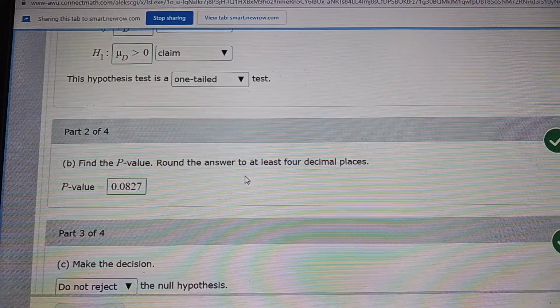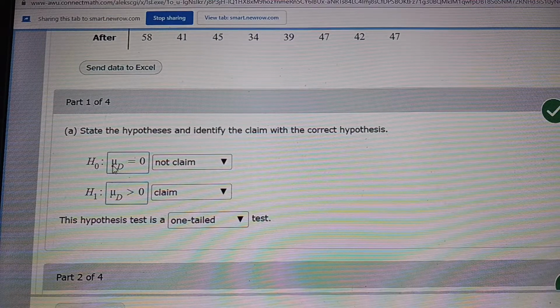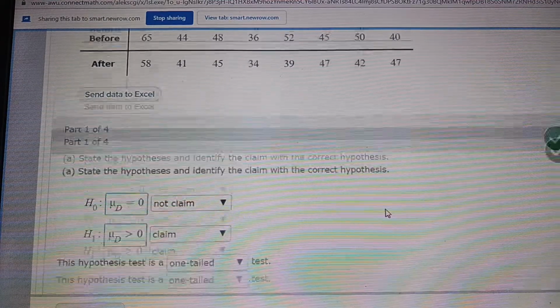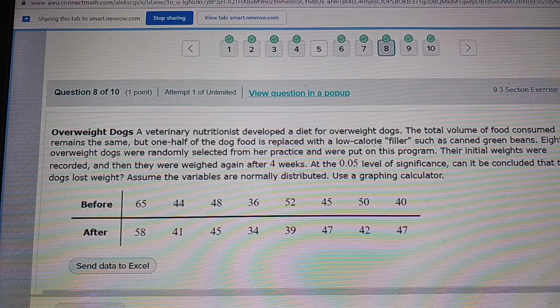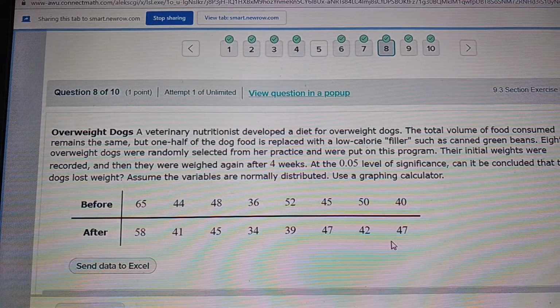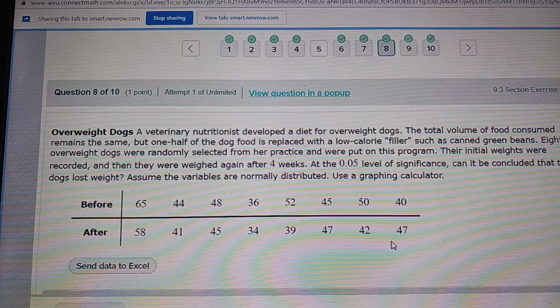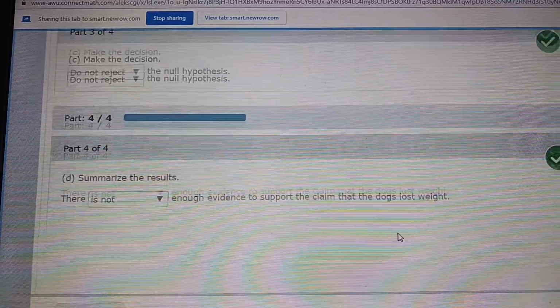It's not about any one dog, it's about the mean difference. If it doesn't help them all on average, then it's not considered significant. So you get these companies try to get away with stuff like that, but so they're putting some low-calorie filler in the dog food. So then they're trying to claim it's healthy, but maybe it doesn't really do much. That's what this is saying.